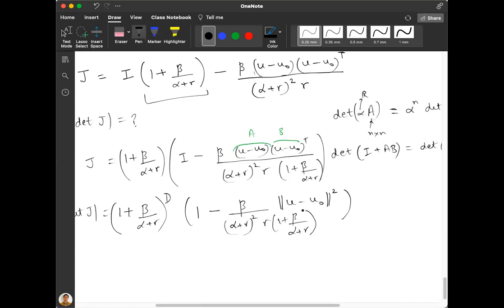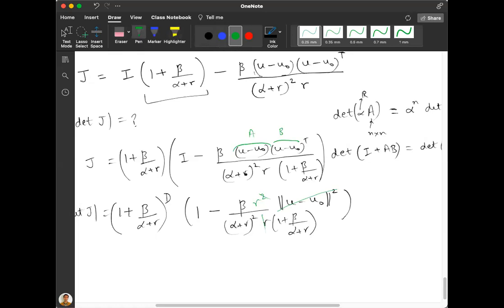This is what? R square. R square, very good. So there is one R square here, and one R here, which gets cancelled.